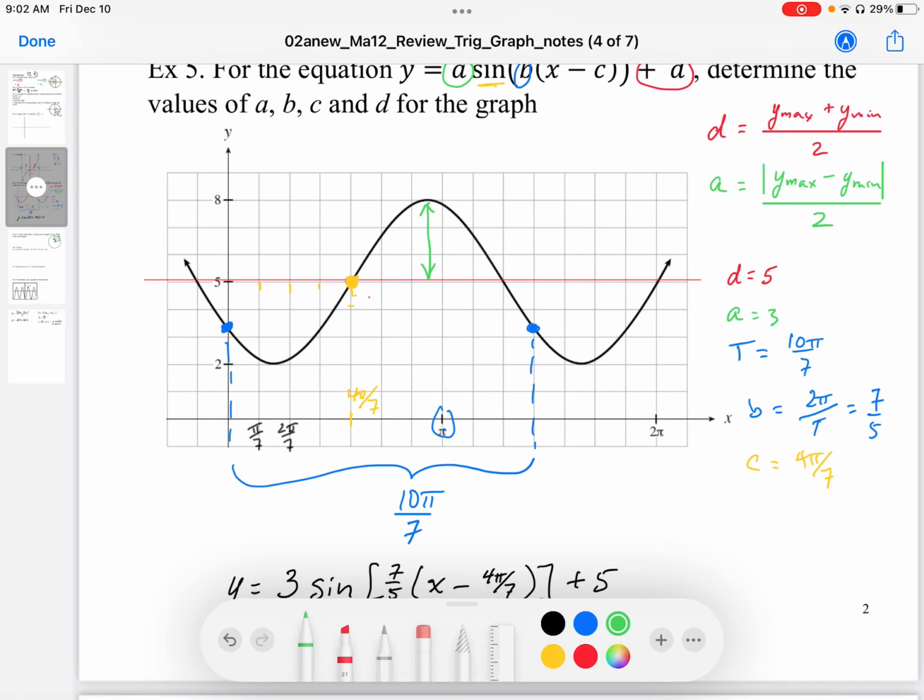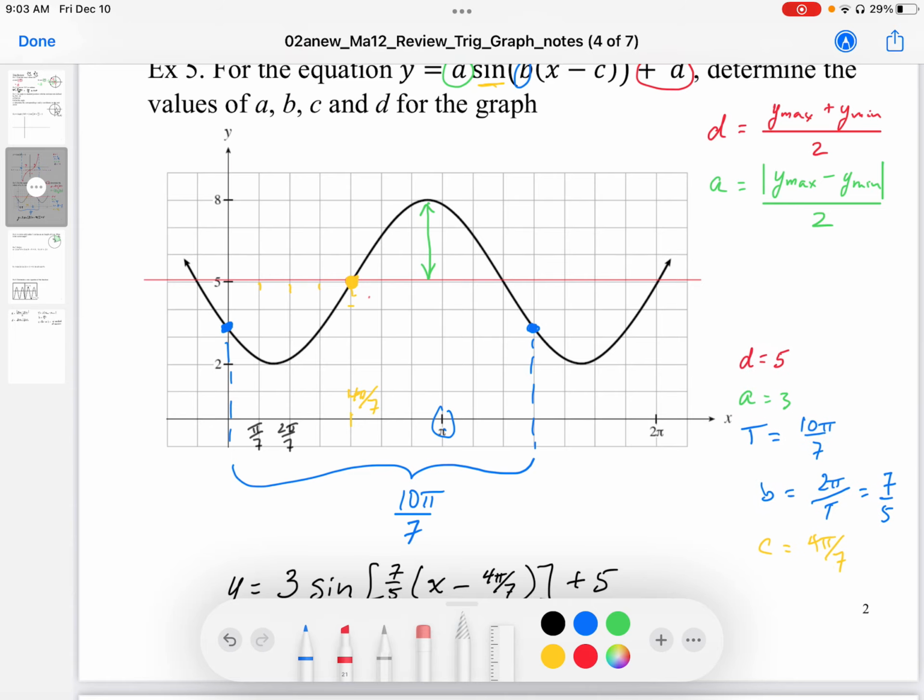Okay, the period B, let me just move some of the stuff around here. The period we can find by taking x min minus x max. It's the difference between the minimum and the maximum points.